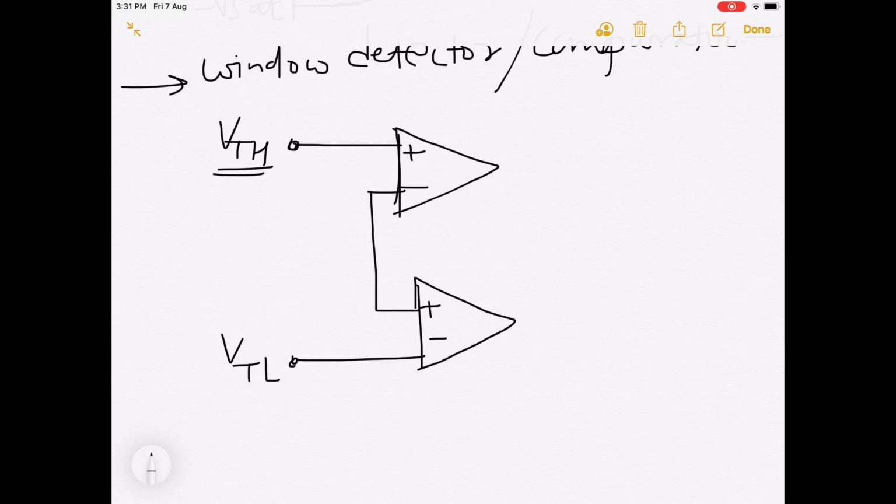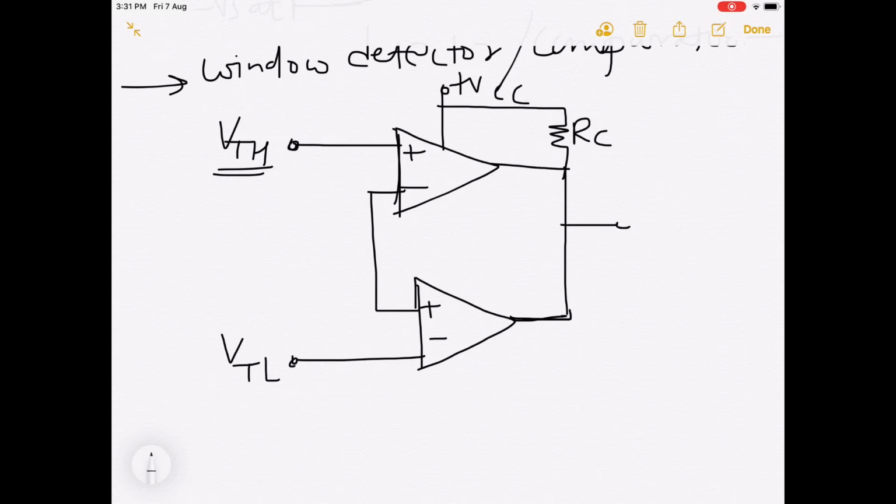Okay. So here we can apply VTL, lower threshold, and VTH, higher threshold. Okay. So here plus VCC is connected, and to that plus VCC there is RC, one resistor. Okay. Here is the output, then again another output of comparator, then output is at this place VO. Now, figure shows a set of voltage comparators connected to form a window detector. Okay.